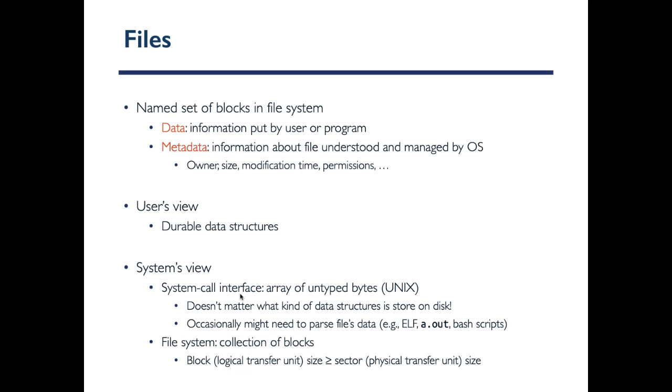Somehow it knows that about that file, and it starts running it. There are examples of this in all operating systems, Mac, Windows. Those are basically utility functionalities that the operating system is providing. But from the system call interface point of view, you're just dealing with a bunch of untyped bytes.